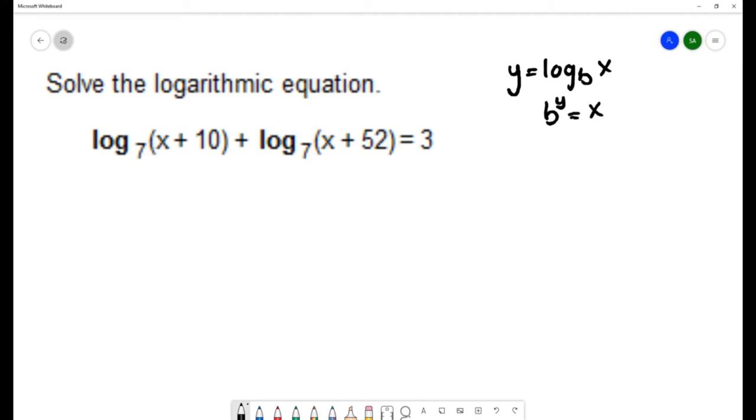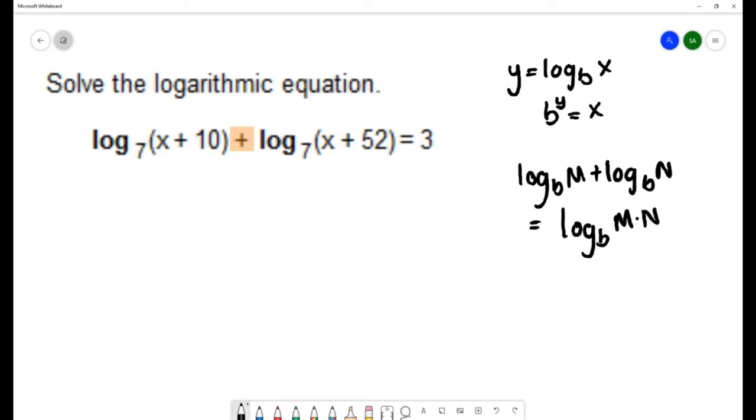Before we're able to do that conversion, I notice that I have multiple logs being added together. So I'm going to use the product rule for logarithms. The product rule looks like this. If you have log base b of m plus log base b of n, you can condense those logs into a single log, log base b of m times n.